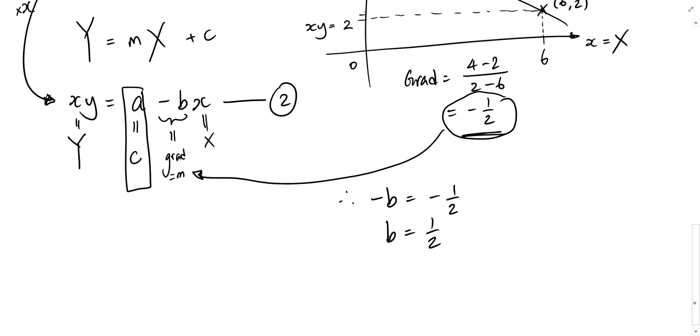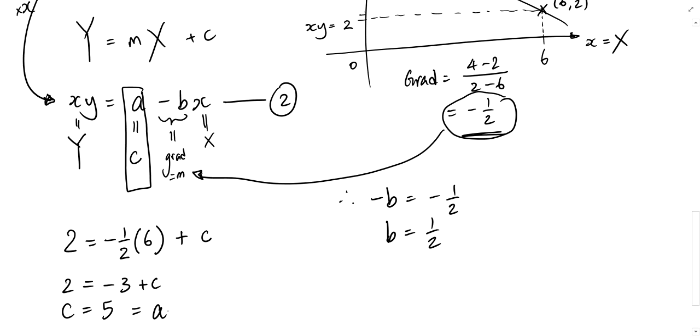Okay, so now you are saying sub 6, 2. So 2, that is our big Y, equals to gradient, negative half, times the big X, which in this case is 6, plus C. Okay? So now equals to negative 3 plus C. C equals to 5, which is equal to A. Am I right?